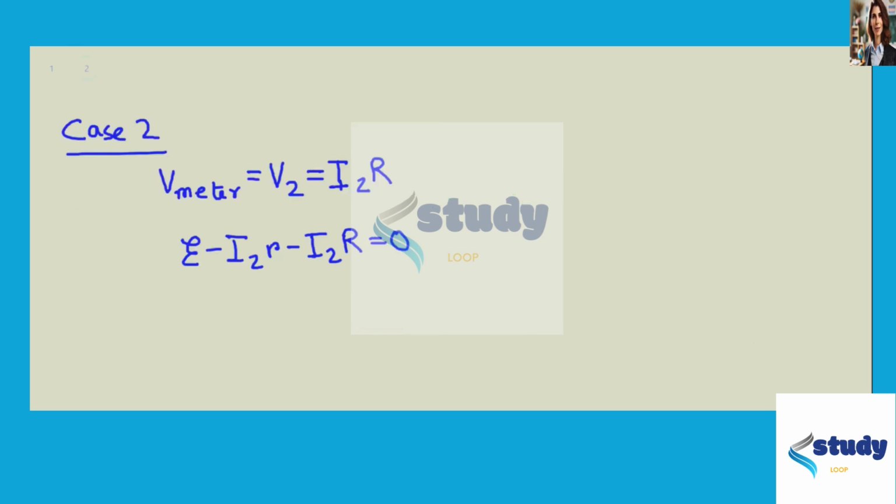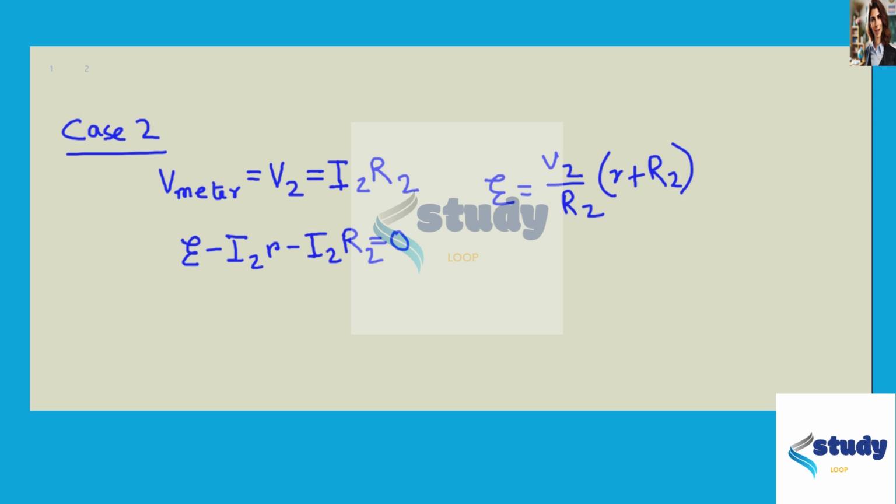And similarly, in this case, psi is common for both of them. So our psi will be V2 over R2 times little r plus big R2. Right, so now we have two equations and two unknowns.